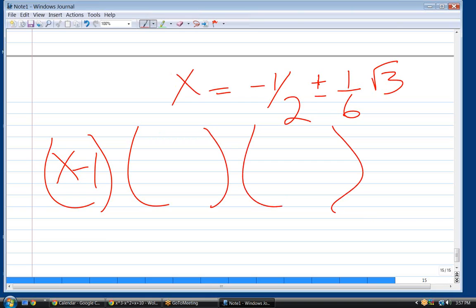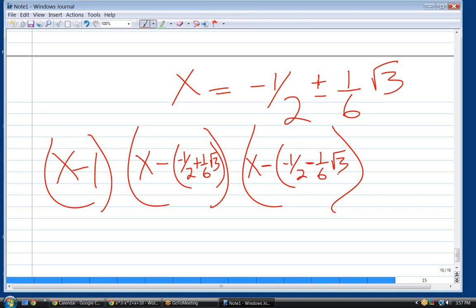Treat these just like a number. In other words, we're going to put a minus in front of it, with parentheses around it: x minus the quantity minus 1/2 plus 1/6 root 3. The other one is x minus the quantity minus 1/2 minus 1/6 root 3.